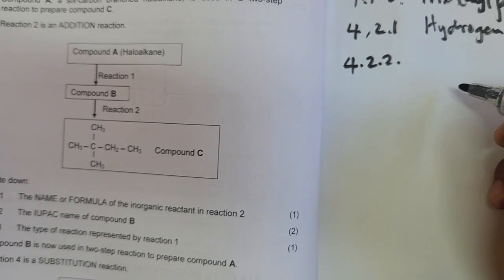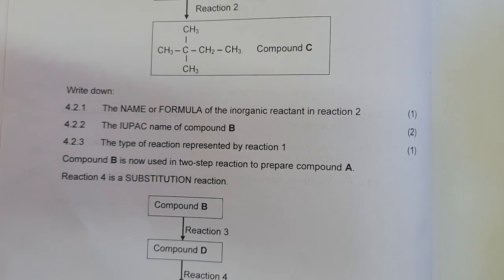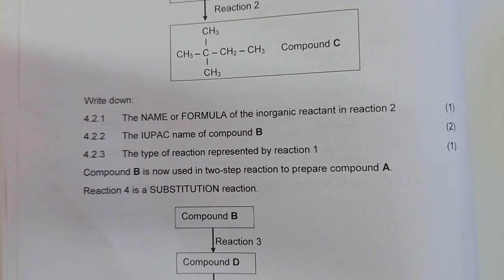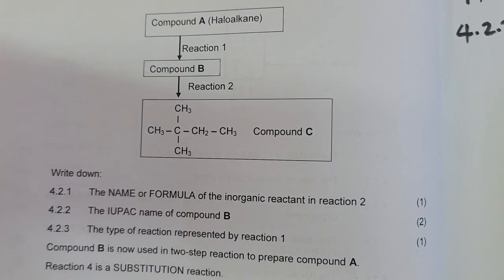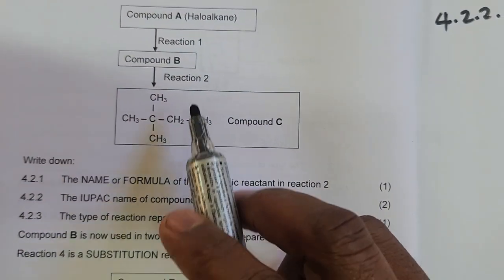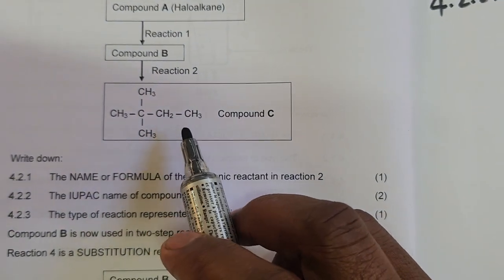4.2.2. Then the next question, they say write down the IUPAC name of compound B. We said B is an alkene. If it's coming from that one, therefore adding hydrogen means that the double bond was here.